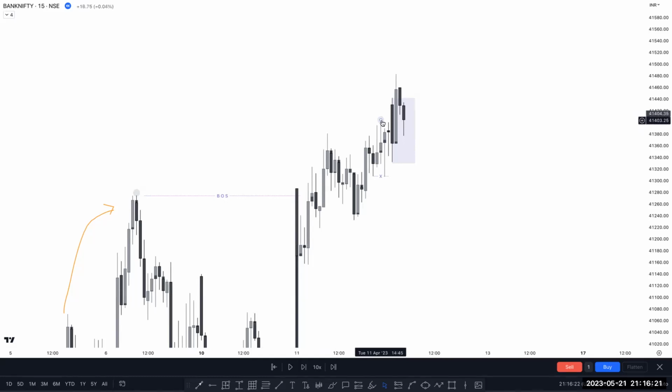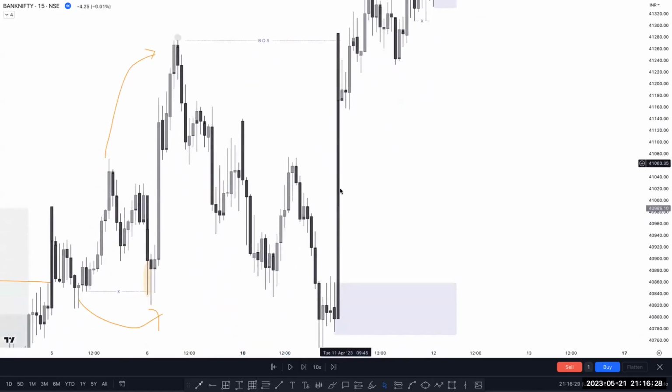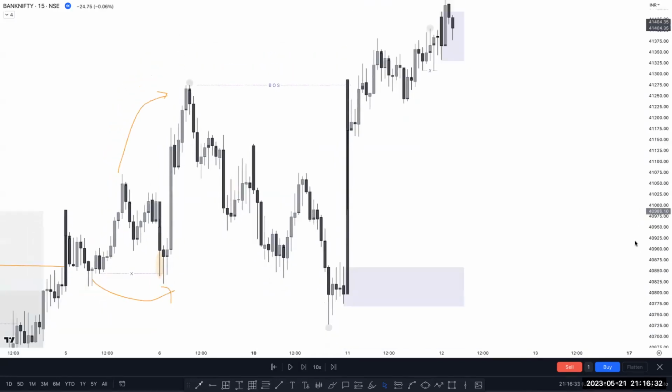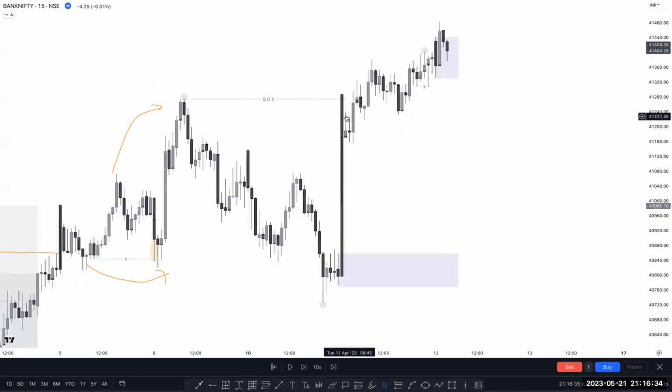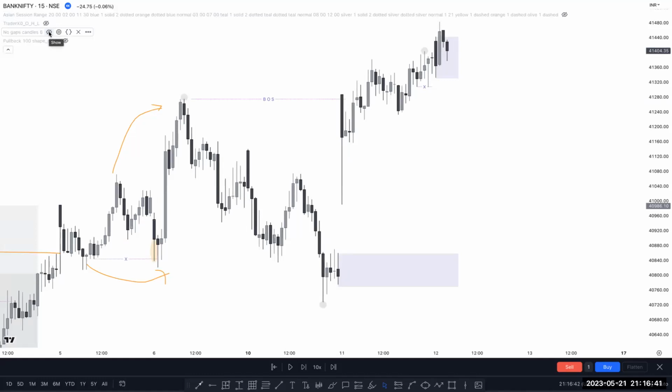Right. This higher high is not valid here because break of structure is still not confirmed here. I think let me check this one. Okay, this is a gap down.